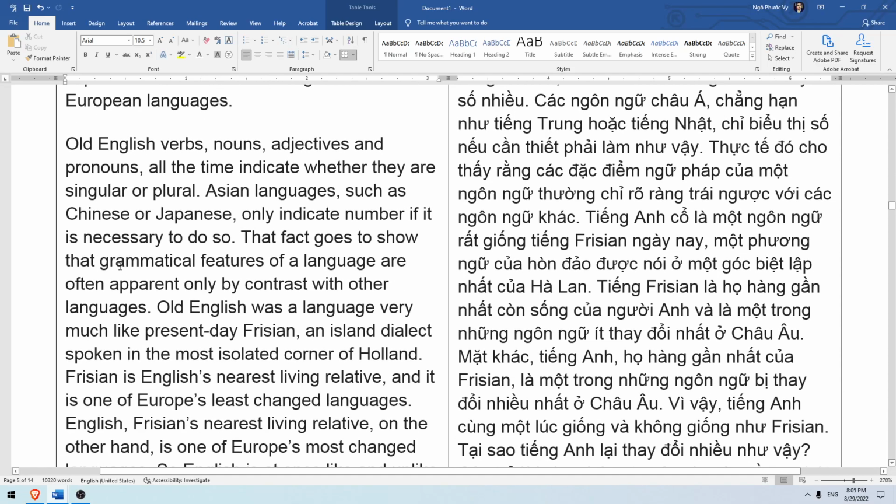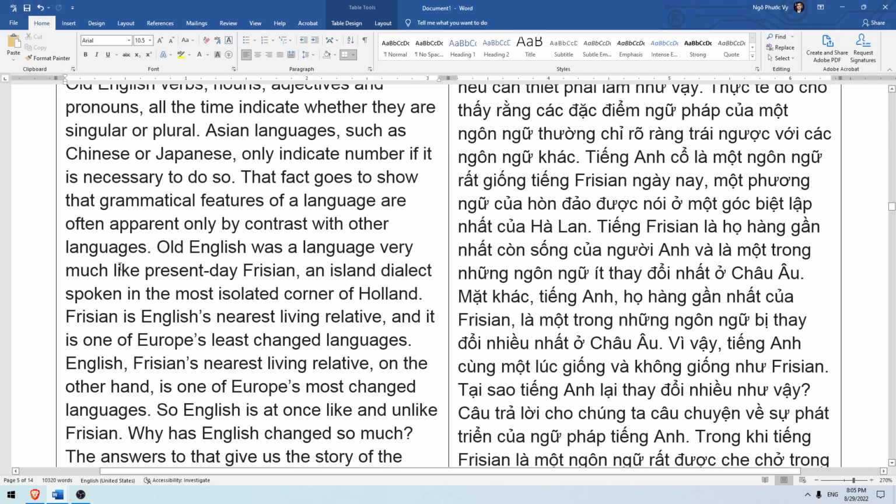Old English verbs, nouns, adjectives, and pronouns all the time indicate whether they are singular or plural. Asian languages such as Chinese or Japanese only indicate number if it is necessary to do so. That fact goes to show that grammatical features of a language are often apparent only by contrast with other languages.